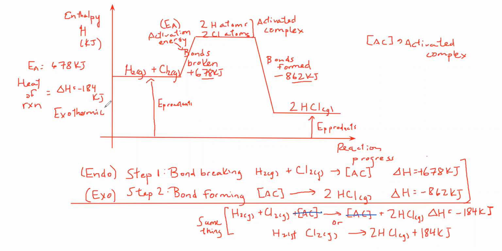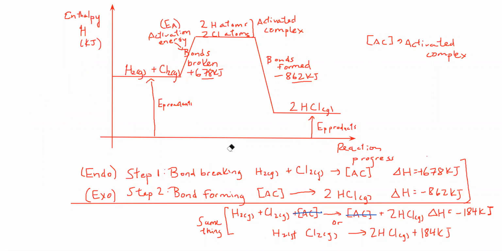So that being said, I'm going to just briefly describe to you what happens if you were to have a reverse scenario. I'm just going to erase all of this so that I can talk about it. Oops, sorry about that, guys, I didn't mean to erase the y-axis. What happens if I were to ask you about the reverse reaction?